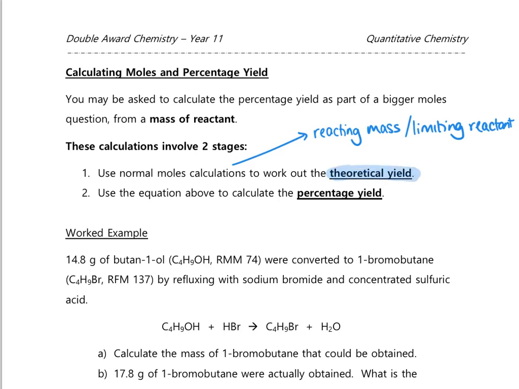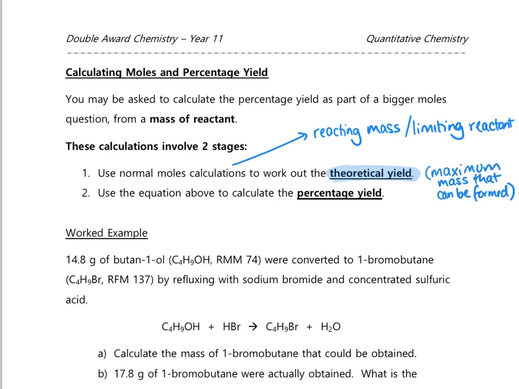So our normal moles calculations ask us essentially to calculate the mass of product that we would expect to be formed. Or you may have noticed in previous examples, they've talked about calculate the maximum mass of such and such that can be formed. And essentially, maximum mass is the theoretical yield.